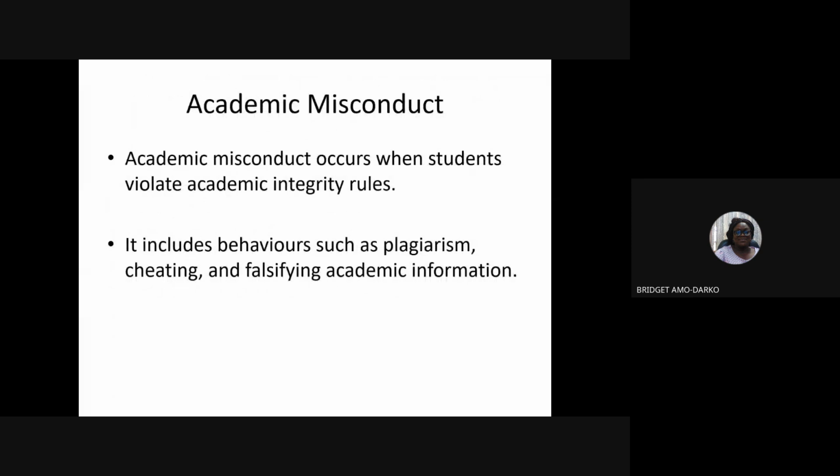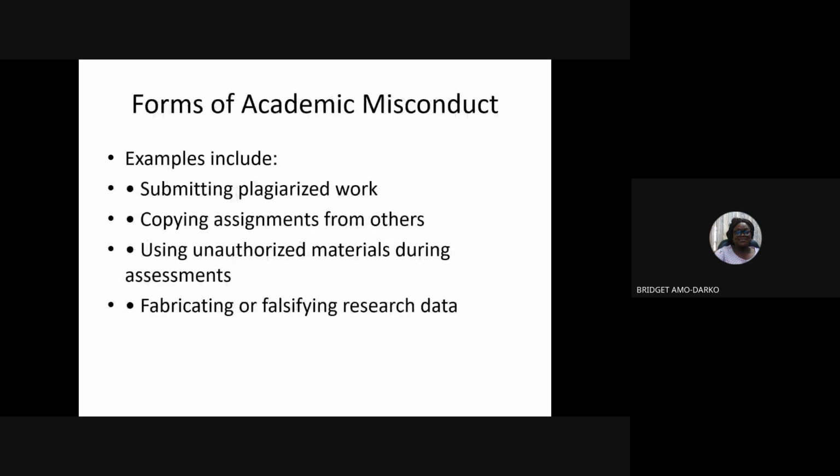Academic misconduct. Academic misconduct occurs when students violate academic integrity rules. It includes behaviors such as plagiarism, cheating, and forging academic information. You create false information. You create false data. These are all academic misconduct.